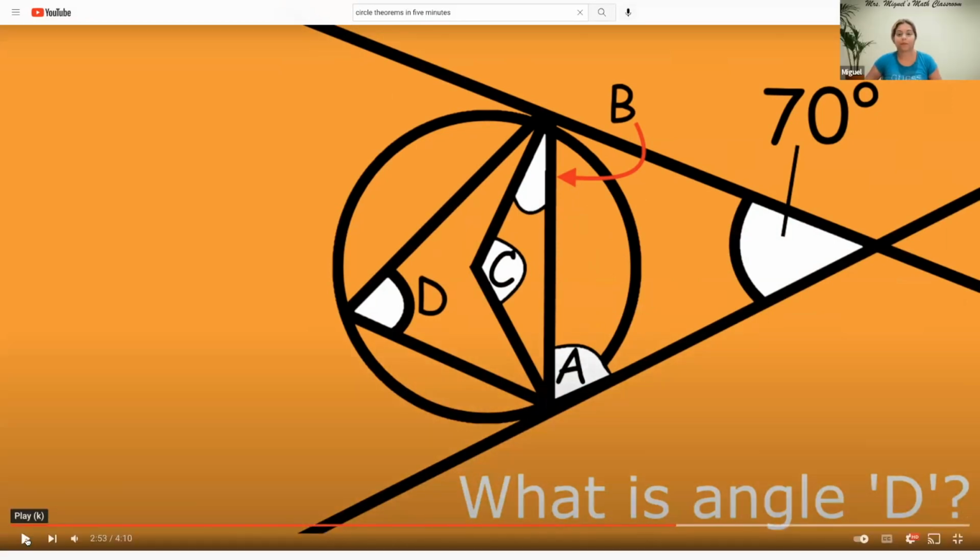All right, what I want to point out as well, this is a radius and this is a radius. So if two sides of a triangle, let me draw it, if two sides of a triangle are equal, this is a radius and this is a radius, what type of triangle is that?